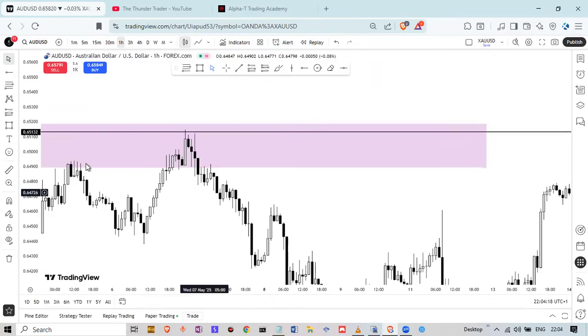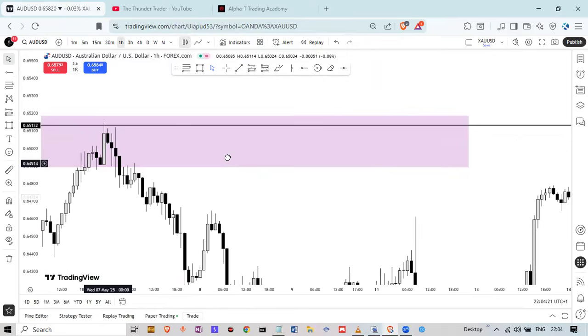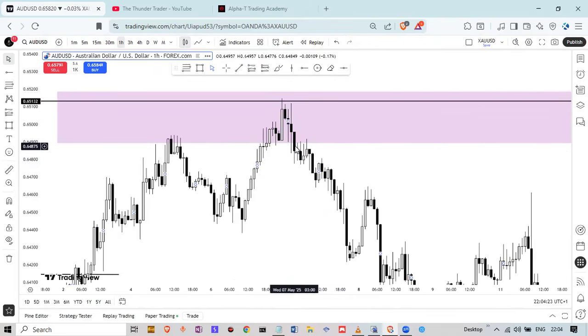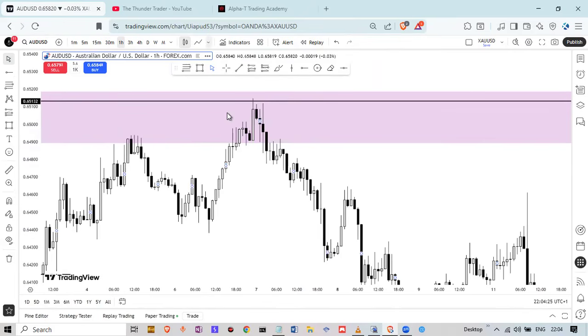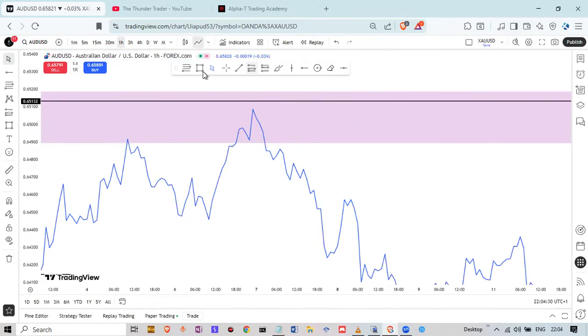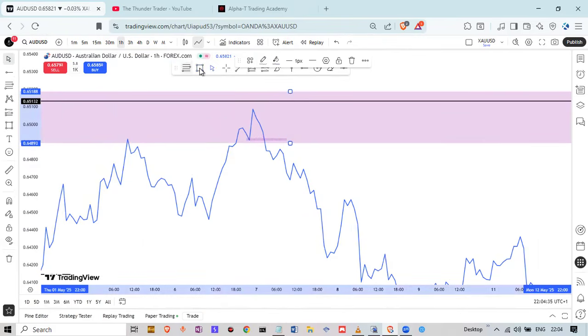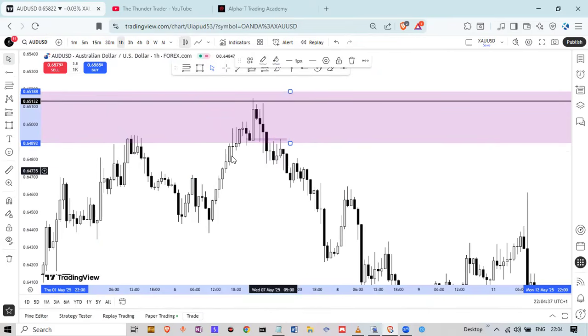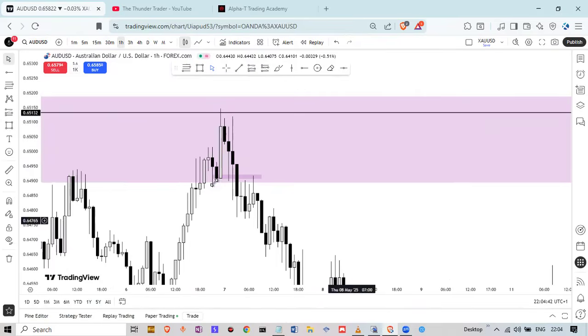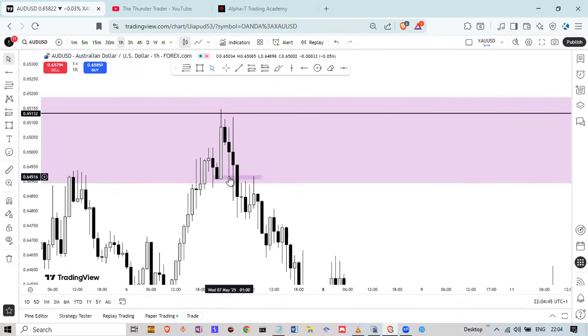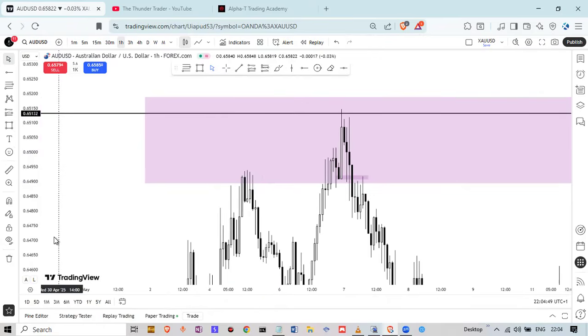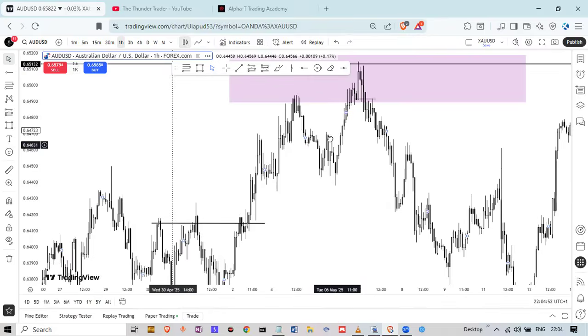Can you see? So at this moment now, can you see how this level was broken? When we see this structure breaking below this level here, then we begin to get the hint that we might likely close this trade.